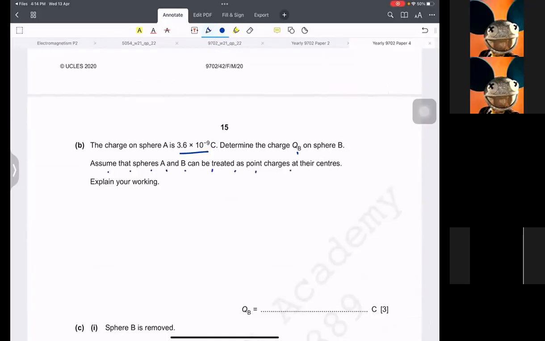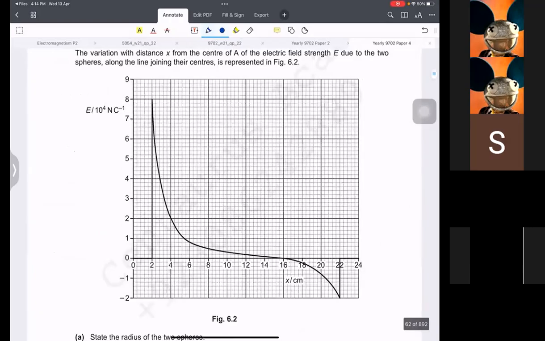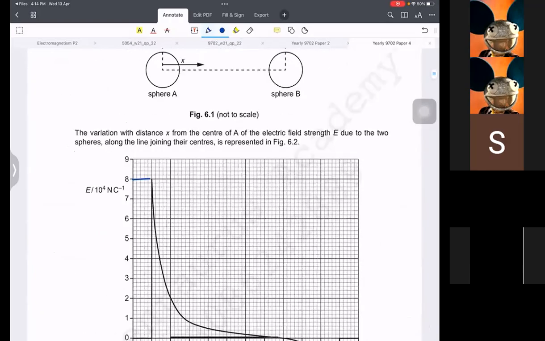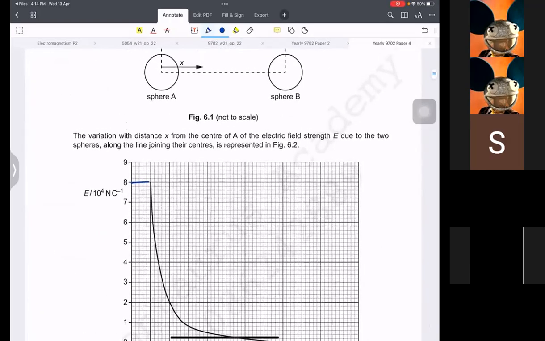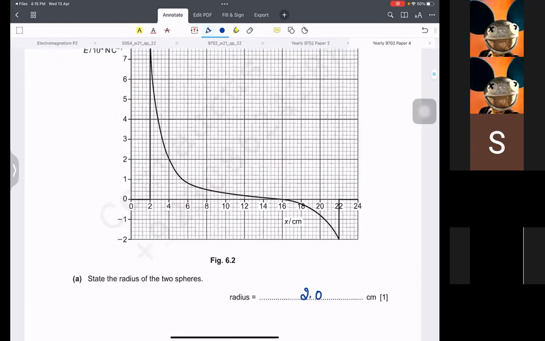Oh, interesting. So E is equal to KQ over R. So charge in sphere is this. Okay. And the electric field equals KQ over R square. R square will be. 8 into 10 raised to 4 is R, right?